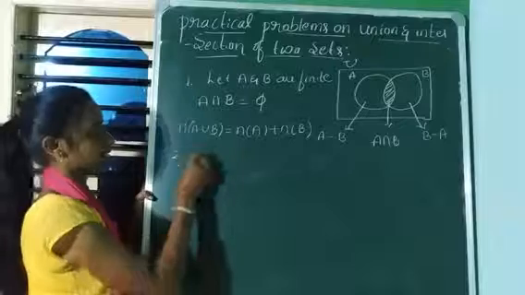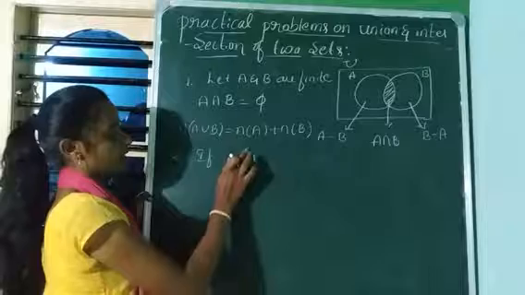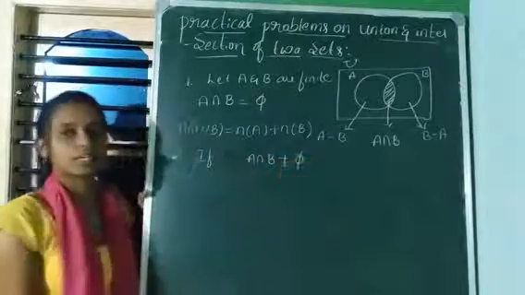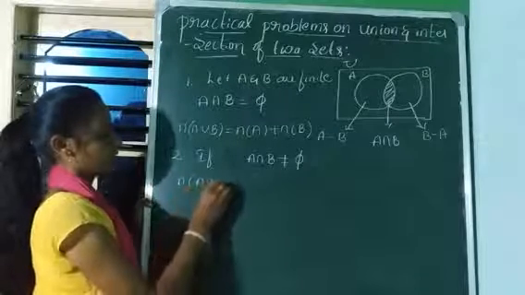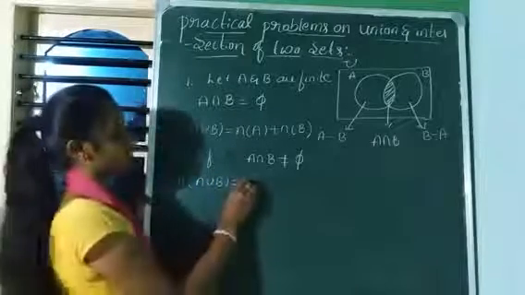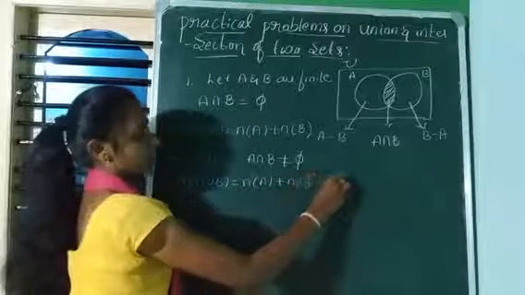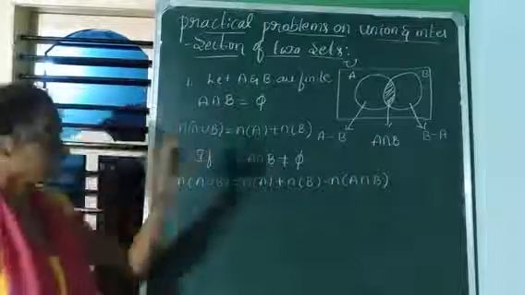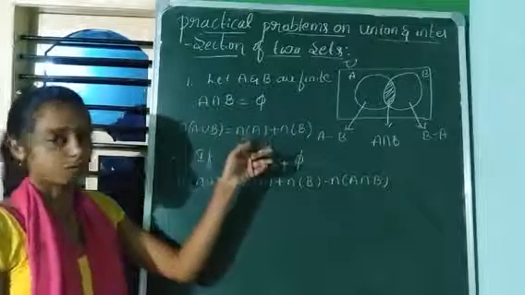And the next is, if A intersection B is not equal to null, in that case we can write n of A union B as n of A plus n of B minus n of A intersection B. If it is null, there are no common elements, and we use the previous formula.